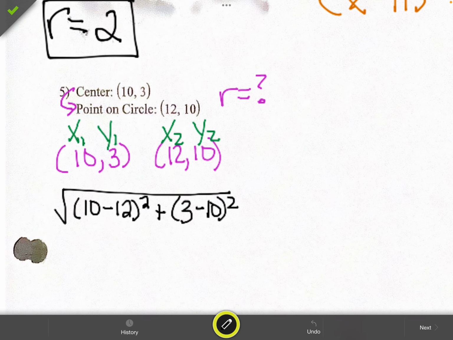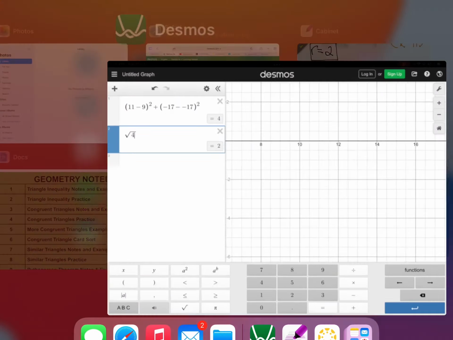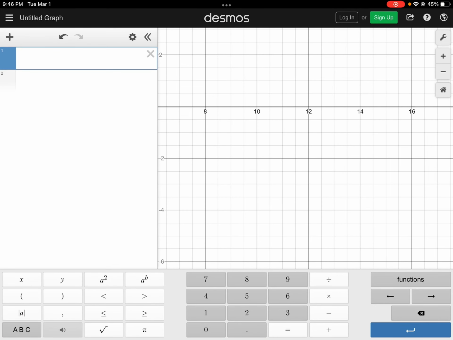Now, we're going to go to Desmos, and we're going to type in just the parentheses part. Okay, we're not going to put in the square root. And yes, I know I could split screen, but it makes it too small for me. You guys know that. So 10 minus 12 squared plus, because thank goodness we don't have to actually do this math, 3 minus 10 squared. Okay, gives me 53.